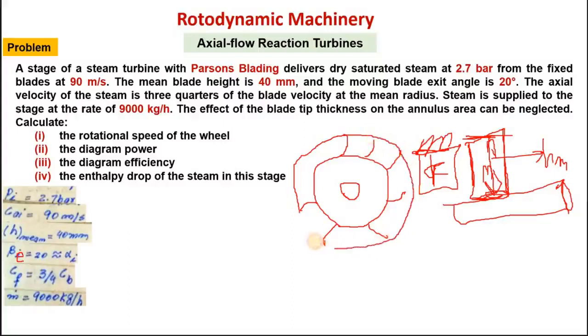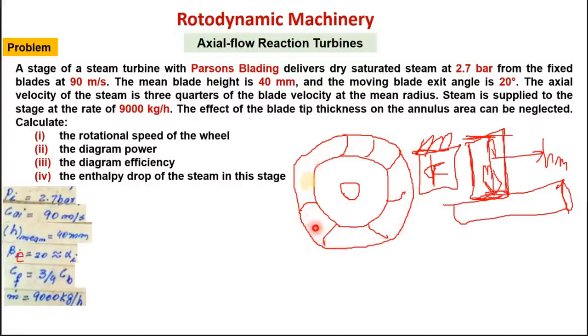I can draw this imaginary circle through which steam is moving. So this is shaft. At the center you have shaft. So here is the shaft, that is the wheel, and above this wheel these are the blades attached. So steam is flowing axially, means into this slide or into the screen.